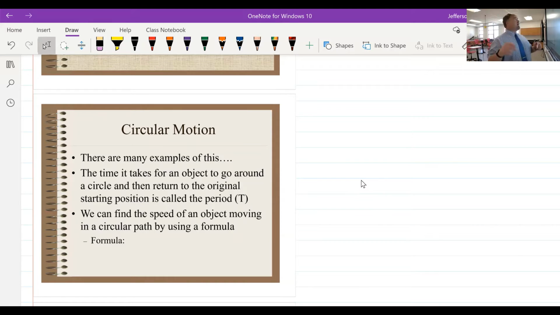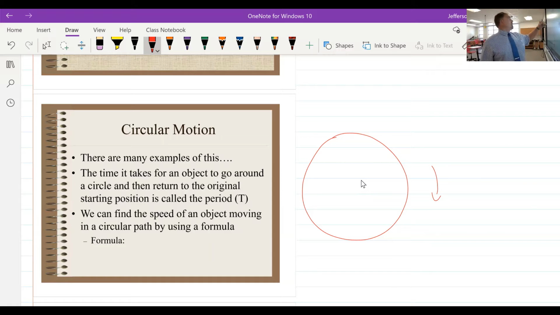Now, we need to define something because, again, our whole point is being able to describe this motion. So if this is my motion and an object's going around, we'll have it going clockwise for the time being. First off, we have to define the time.